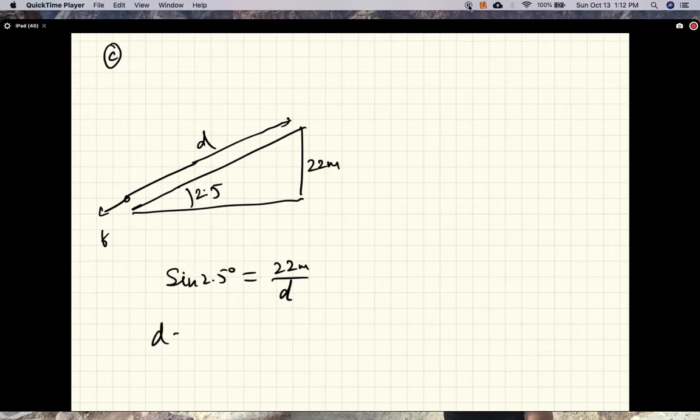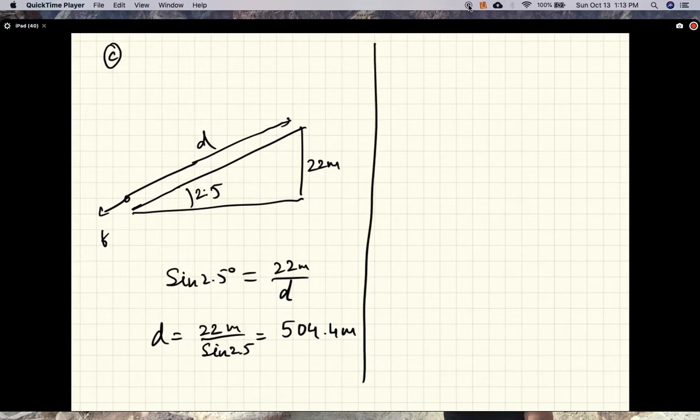So d is 22 meters divided by sine 2.5, which is 504.4 meters, half a kilometer.